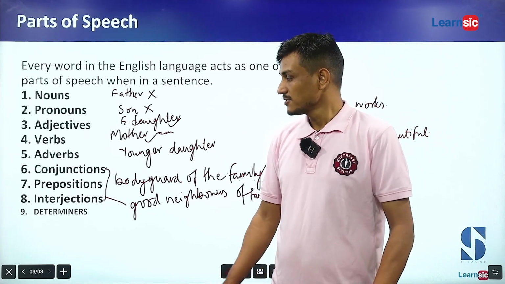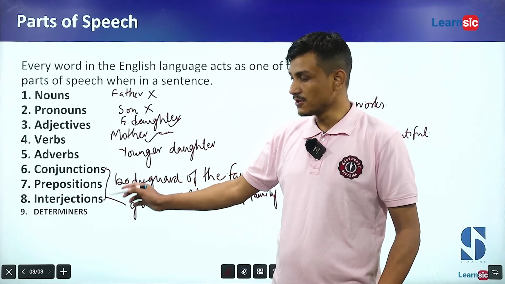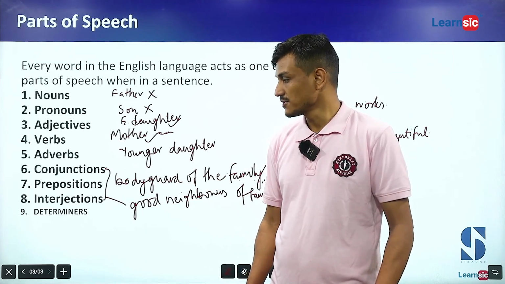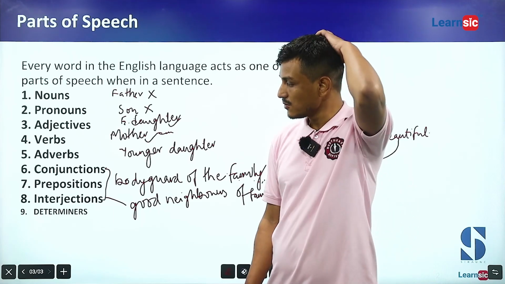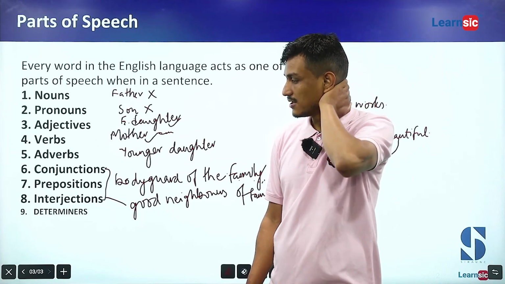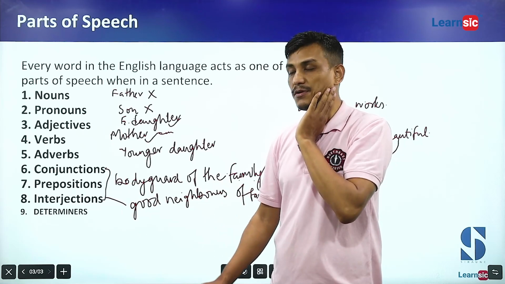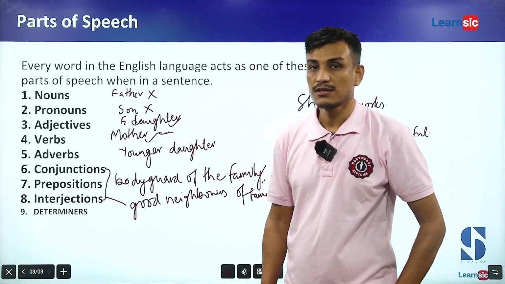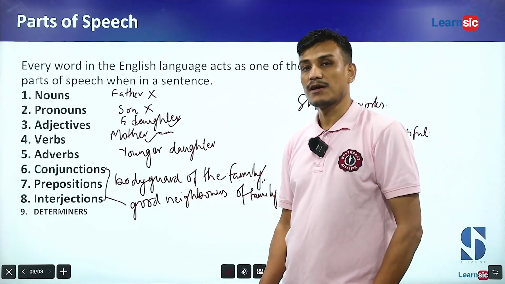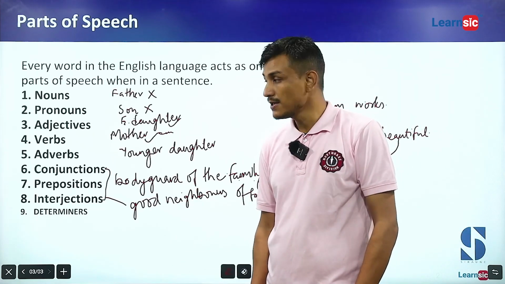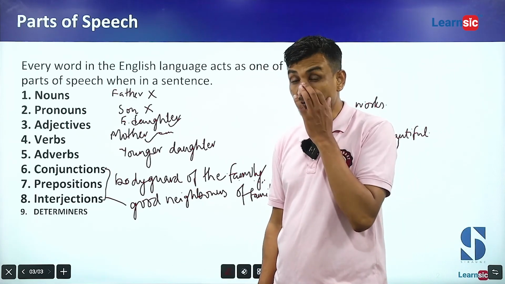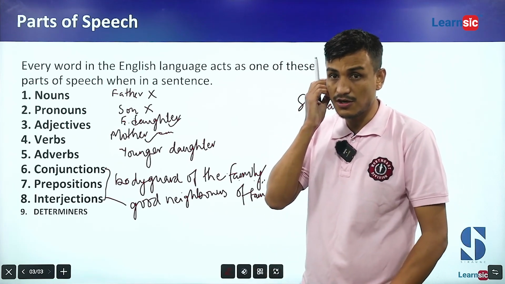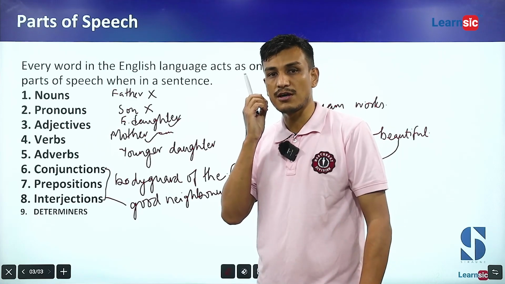Okay, so we have other members too in the family, like preposition, interjection, conjunction. Now let me go to preposition. Preposition is the bodyguard of the family. I mean to say, preposition always comes before a noun. Remember one thing, preposition always comes before the noun.